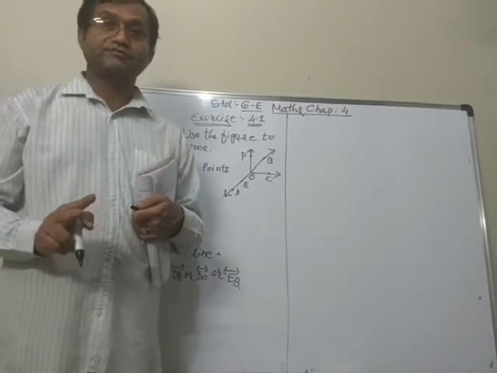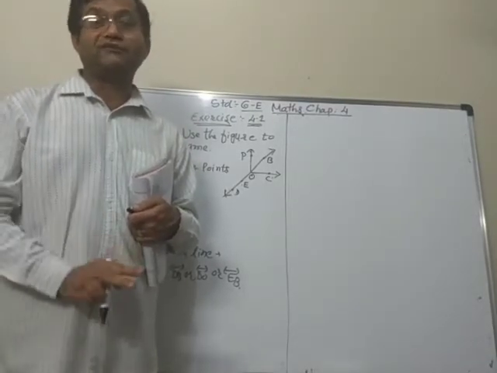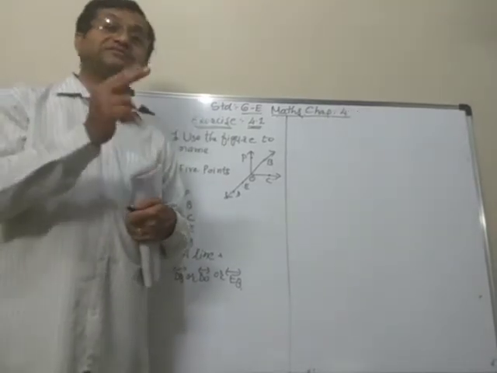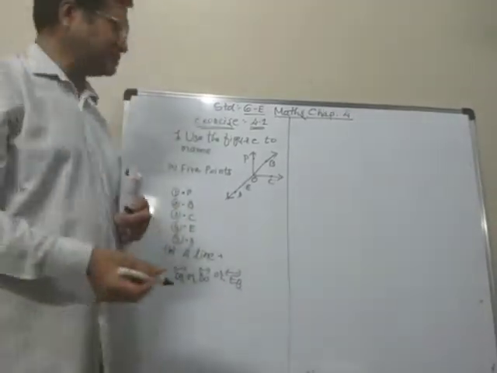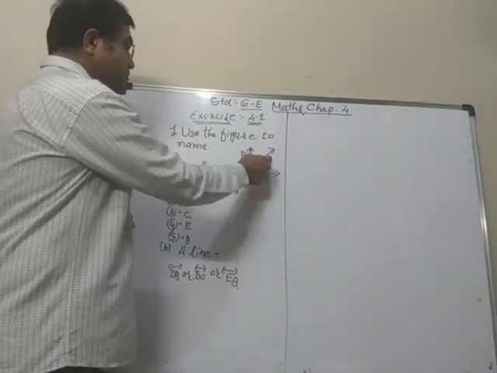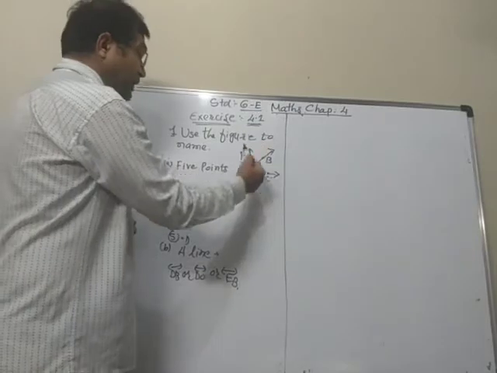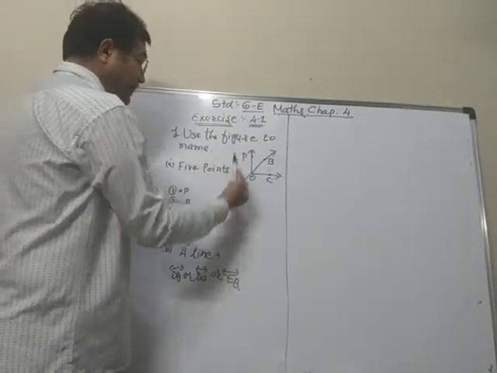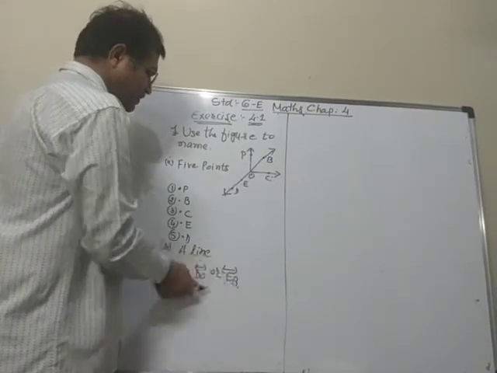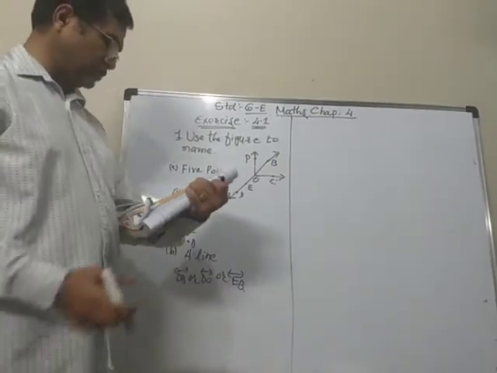It doesn't matter, only first or last. You can take first and second, second and third, second and fourth, any points. So here you can write DE also, DO also, DB also, and reverse also, line BO, line BE, line BD. But we have written only one line, so I just gave 3 extra also.